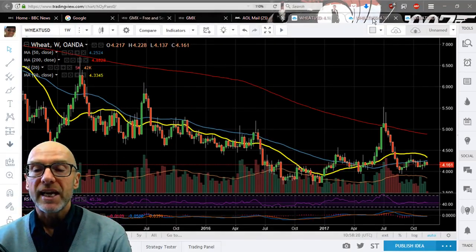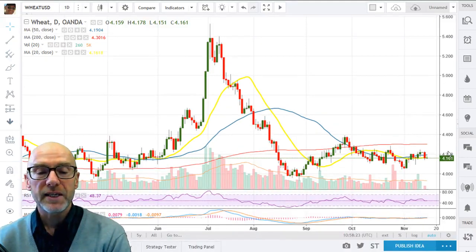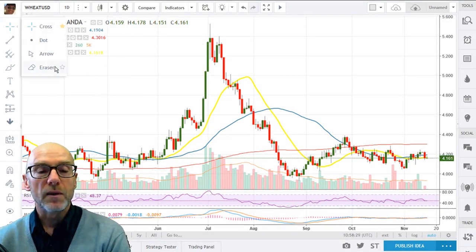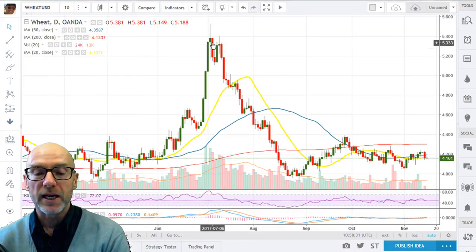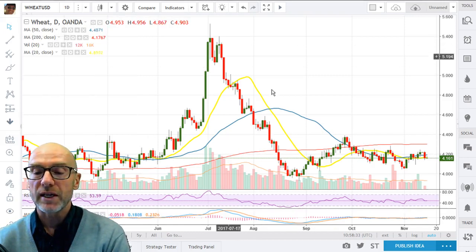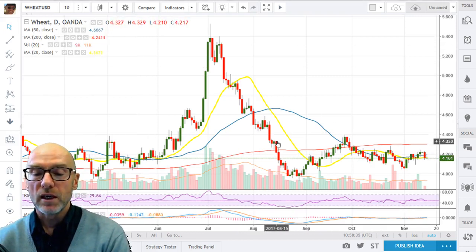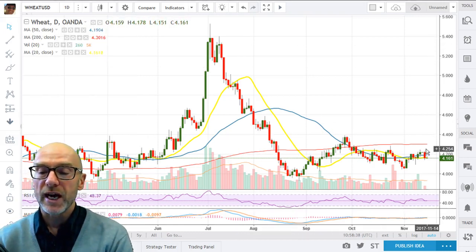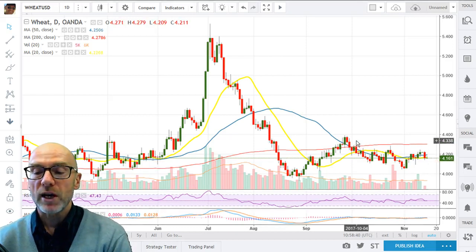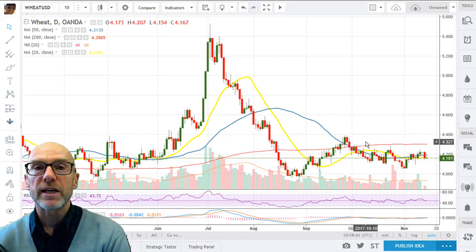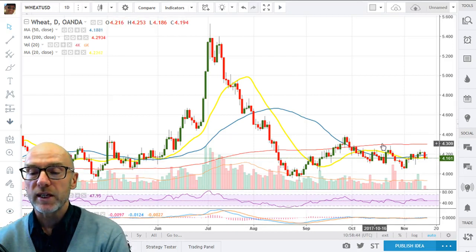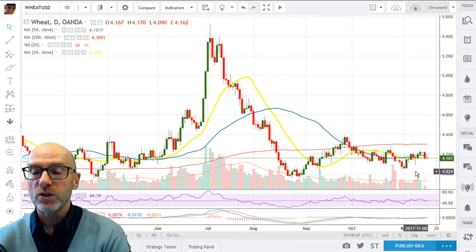Moving on to the daily, and here the head and shoulder is all on the chart, so a left shoulder and then the head up here in the highs of July, and then the right shoulder from August through to now. Also, this right shoulder is in a slight downtrend. You can see that we're getting a progression of lower highs and lower lows.